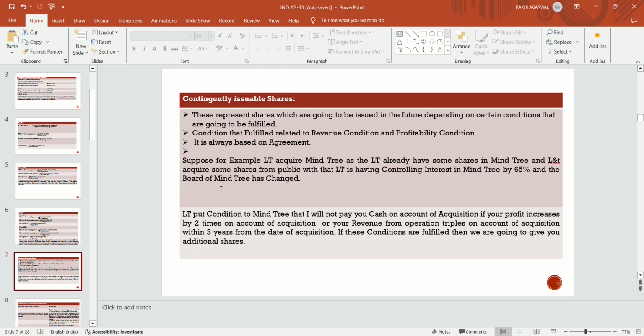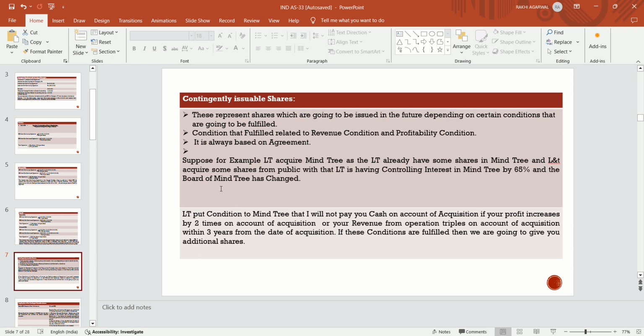embedded on that issuable shares is fulfilled, then only the entity will issue in future the number of contingently issuable shares. So that shares are issued in future depending on the fulfillment of certain condition. The condition may be in the form of revenue condition.